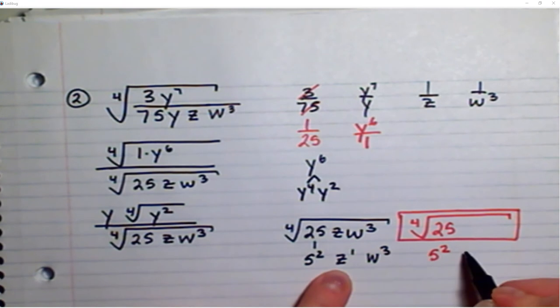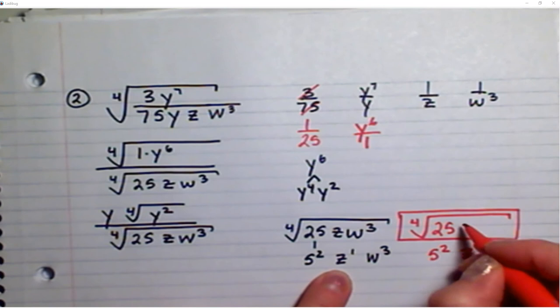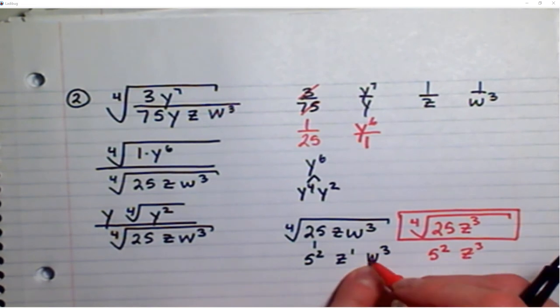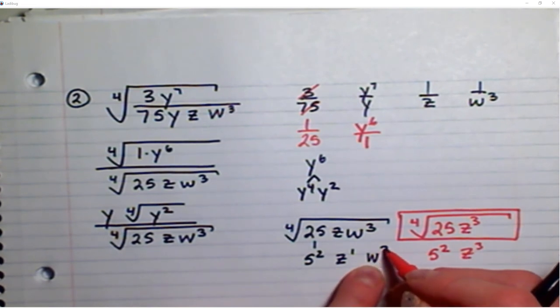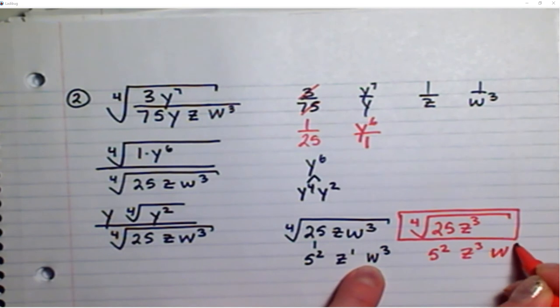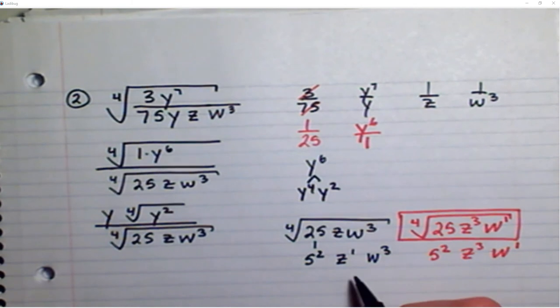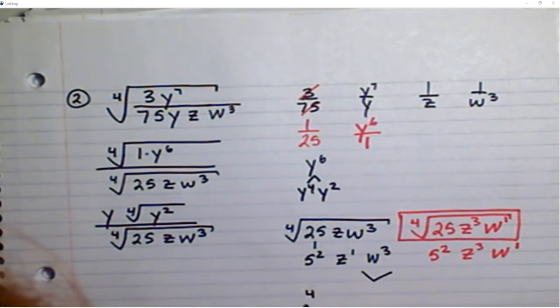Okay, so I have one z, means I actually need 3 more of them, because z to the 4th is the perfect 4th. So I've got w cubed, so that means I need one more w. All right, so let's multiply these two things together.